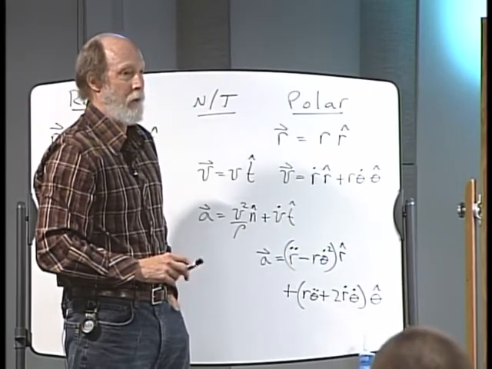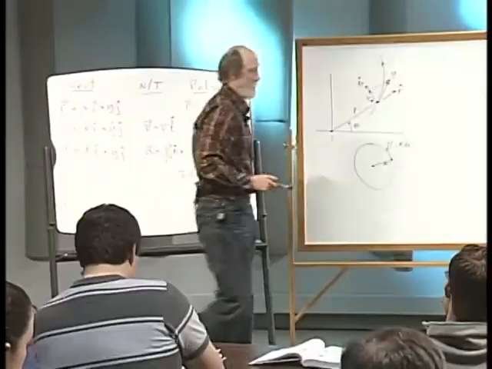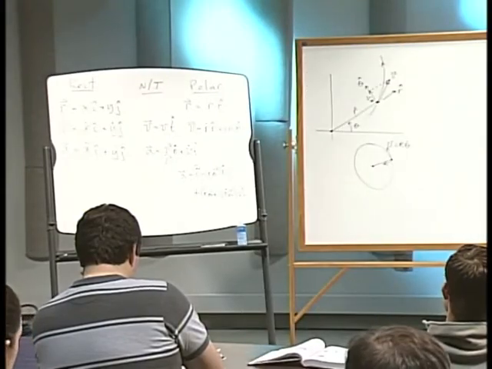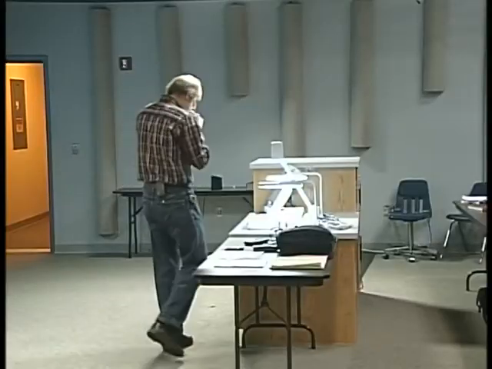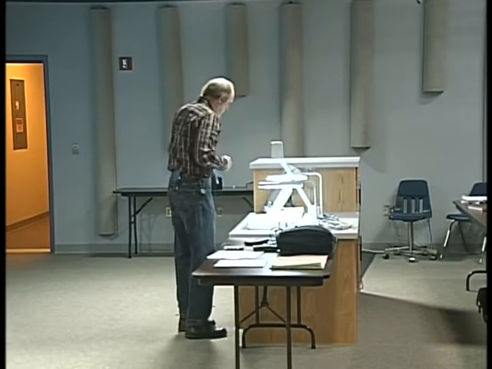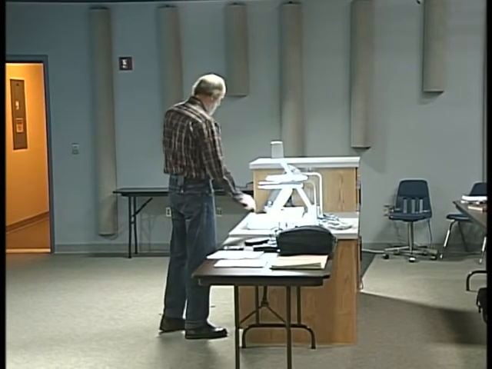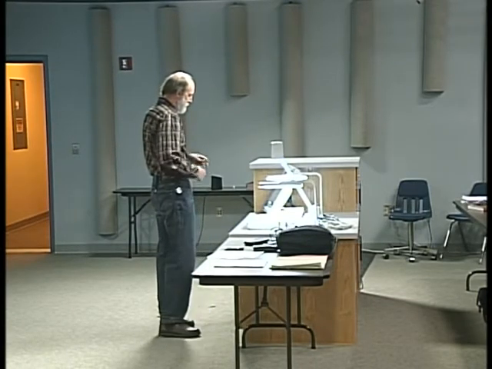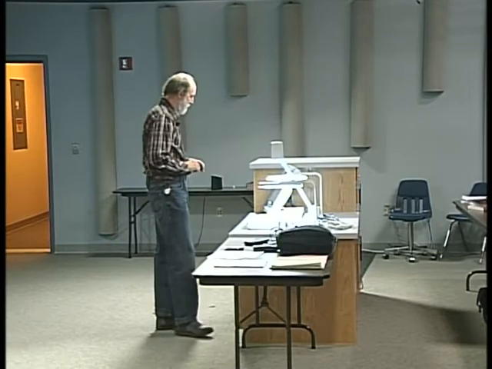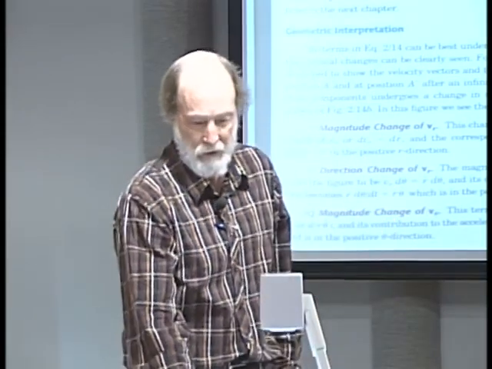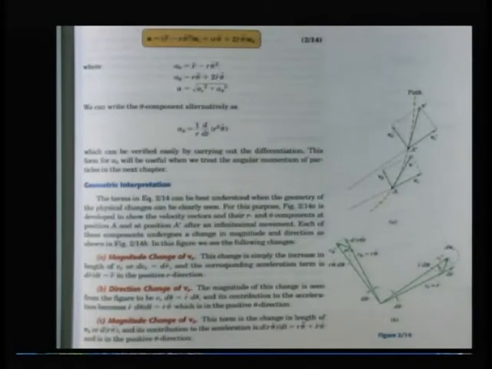Okay, now what I'd like you to do is to look in the textbook at this geometric interpretation found on page 69 of your book. I think they've done a nice job here referencing this geometrically.